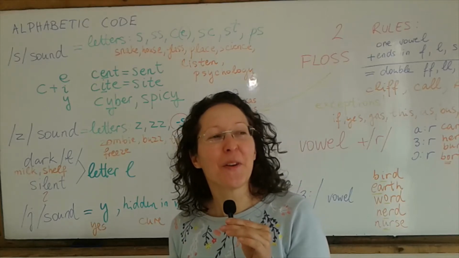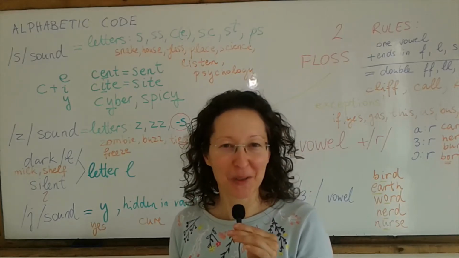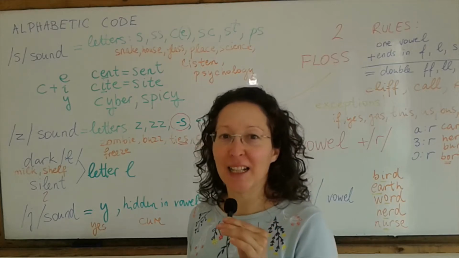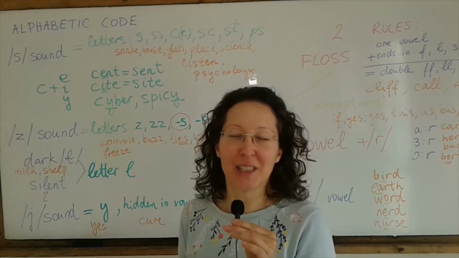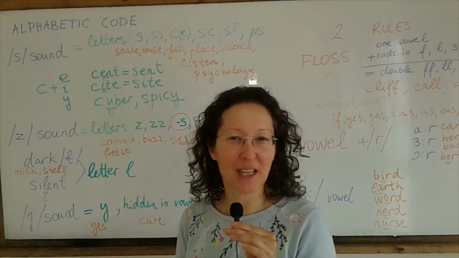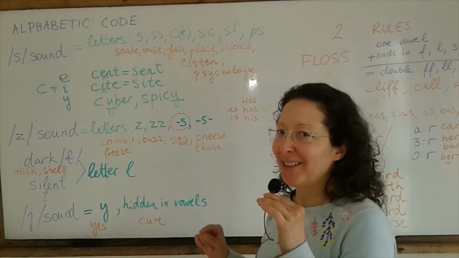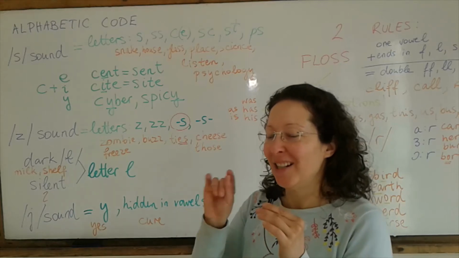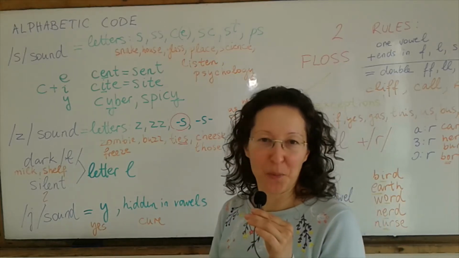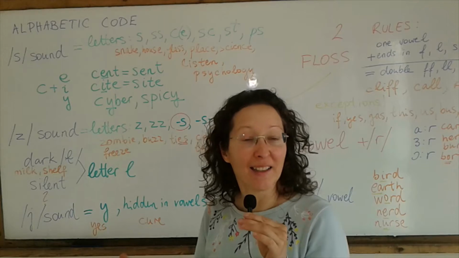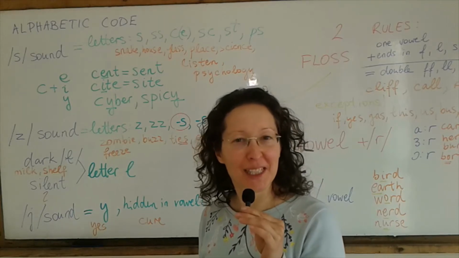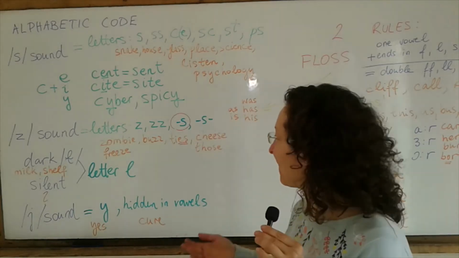So the first letter we're going to talk about today is the letter S, which is sometimes represented by the sound S. You know that letter S is actually the ending for plural nouns and for third-person singular verbs.